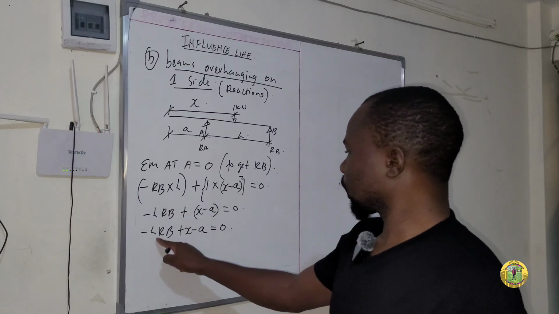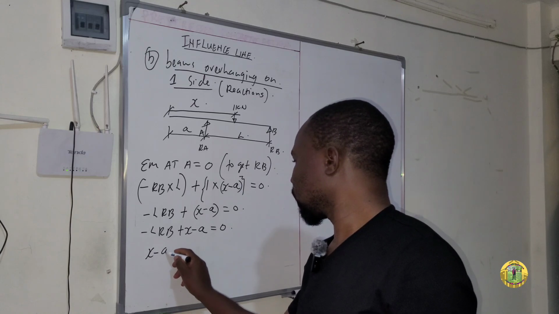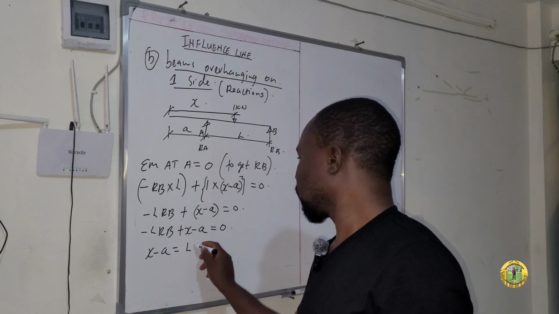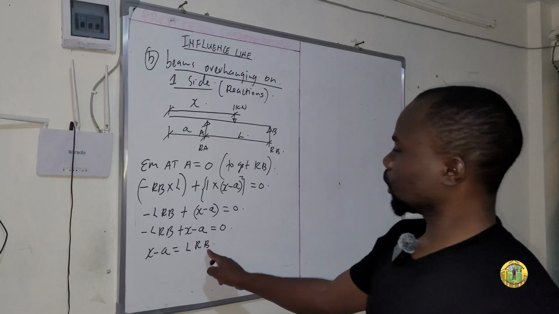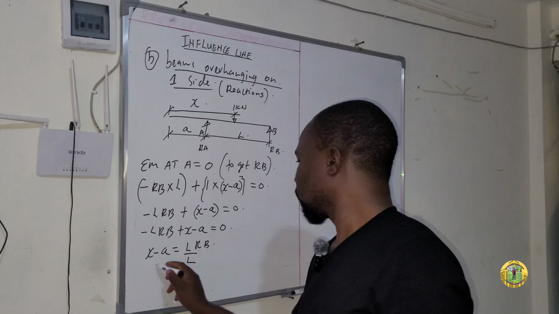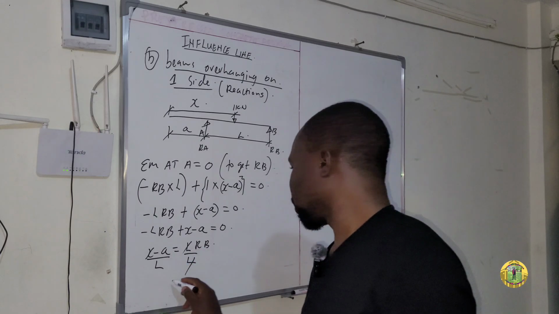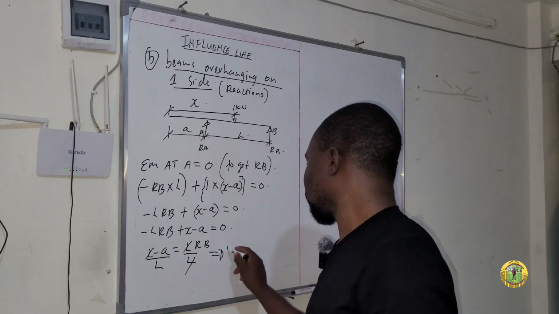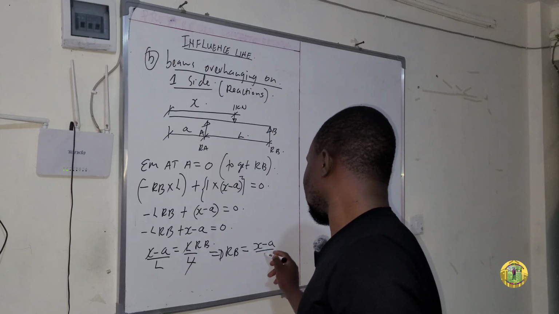So this can cross to the other side such that you have x minus A is equal to L RB. But since we want RB, we divide both sides by L, which implies RB is equal to x minus A over L.